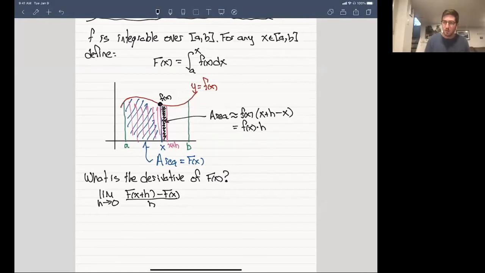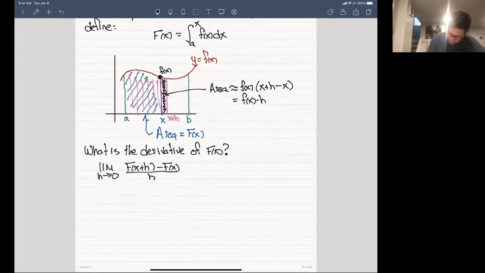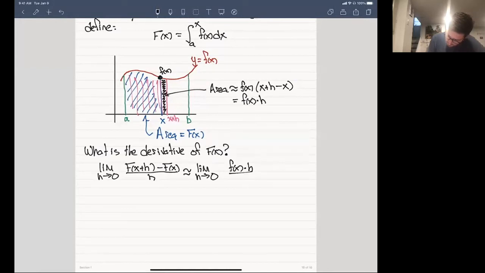So this tells us that the numerator in this derivative term is basically like asking you for the limit as h goes to 0 of f of x times h divided by h, right? So I took that area from right here and plugged it into this numerator, because it's measuring the same thing.